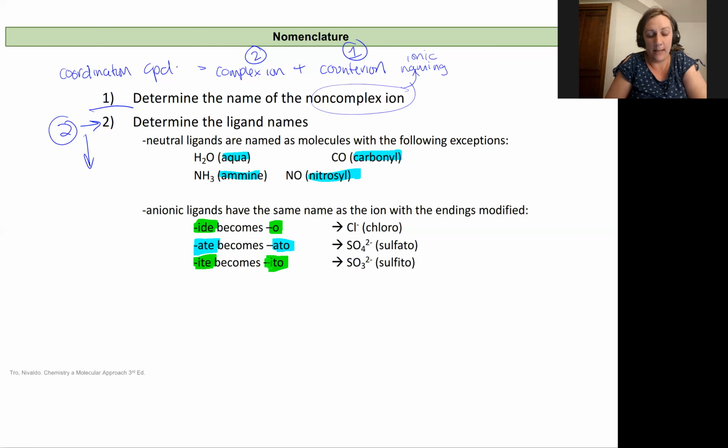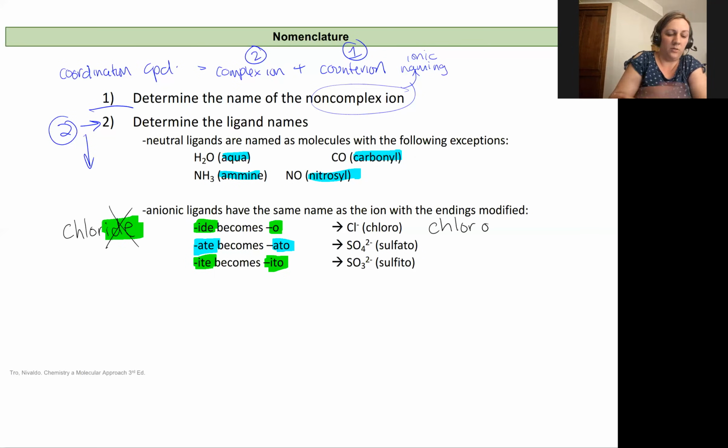Here are some examples. Something like chloride would become chloro. We start with chloride, drop that entire -ide ending, and add the O. So we've basically replaced -ide with -o, and we get chloro.